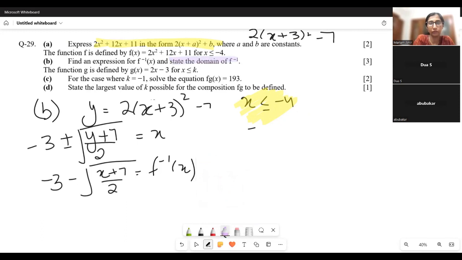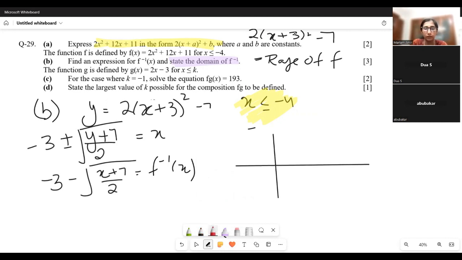State the domain of f inverse. Domain of f inverse would be equal to range of f. And we can see the range of f by plotting it. The turning point of this is going to be minus 3 comma minus 7. So minus 3 is here, minus 7 is here. This is going to be the turning point. Since it's positive 2, it's going to be a U-shaped graph, something like this.